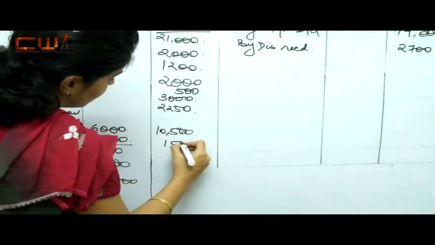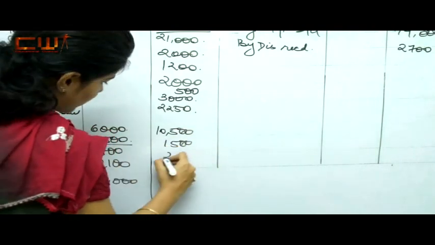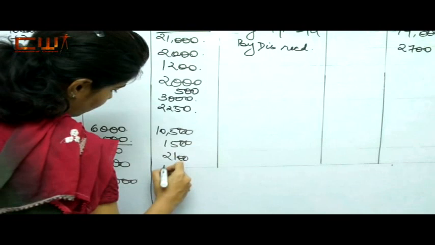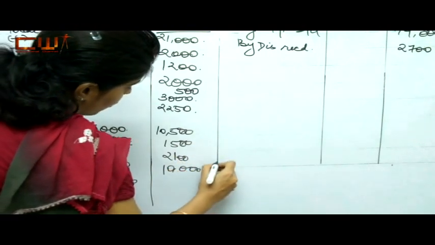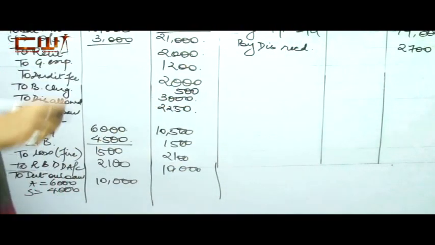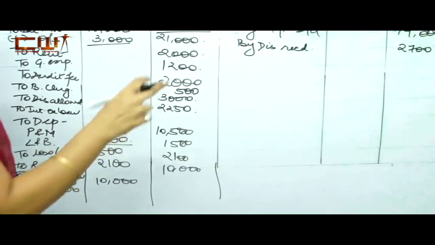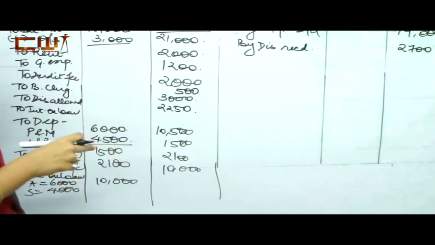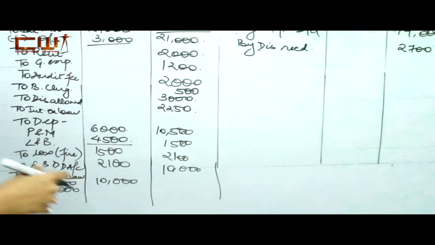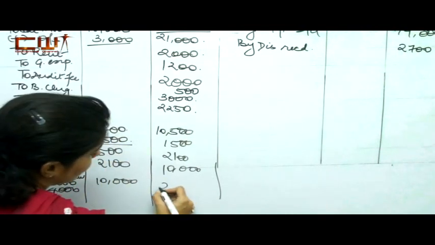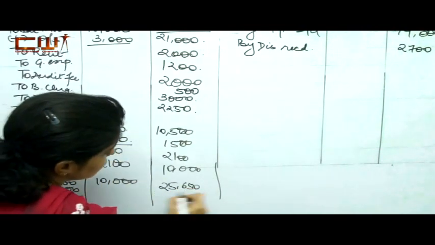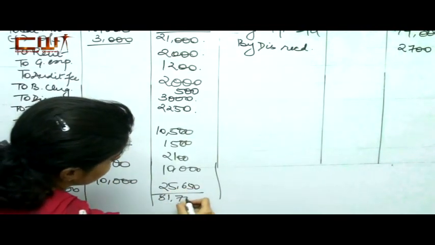Then you have 1,500, 2,100 and 10,000. Subtract all this from 81,700. You will get 25,650.